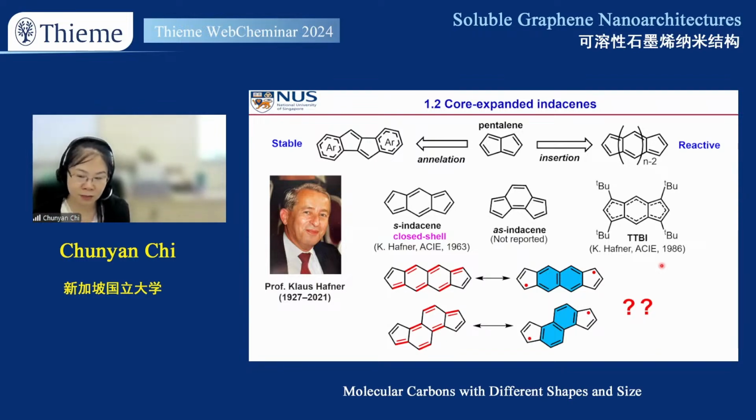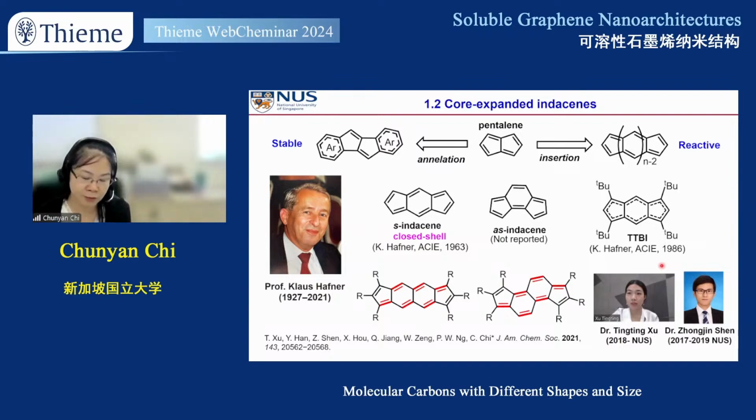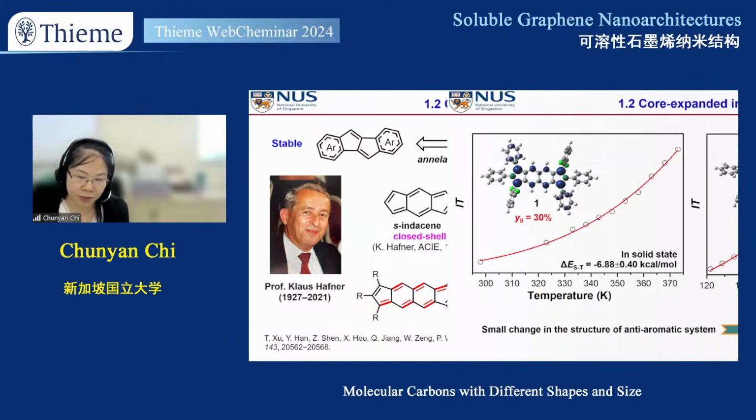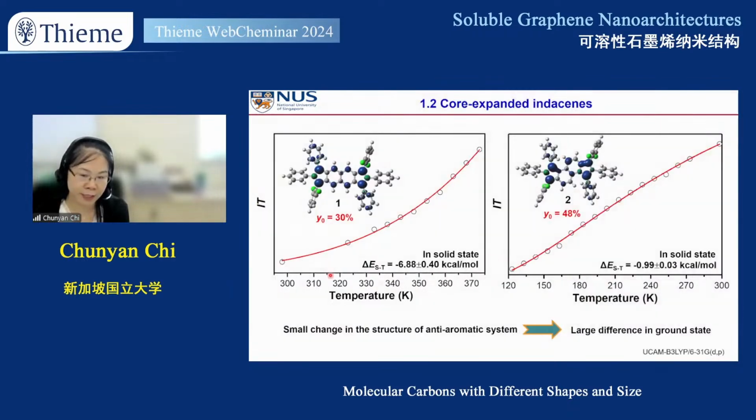Based on this consideration, we made these 2 molecules with both blocked by bulky groups of mesityl. Then based on the theoretical calculations and experimental results, we found both molecules have an open shell diradical ground state. The diradical character of 1 is around 30%, and the diradical character of 2 is around 48%.